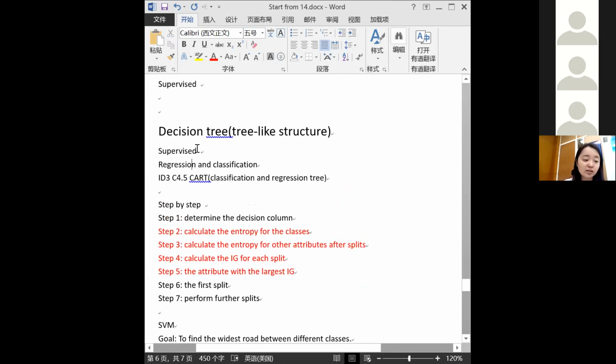The decision tree is a supervised learning algorithm. We need samples with labels to train a decision tree model. And for the decision tree algorithm, you can do both regression and classification tasks.